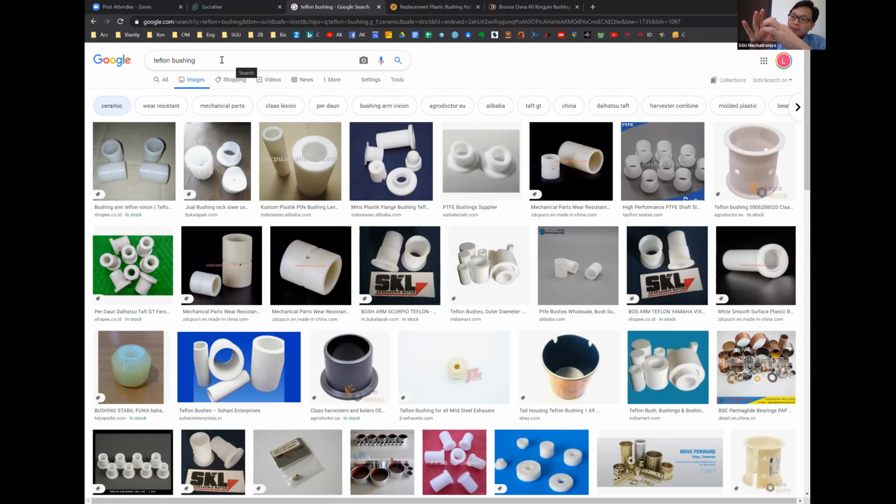Tapi ring dalam sama ring luarnya itu terbuat dari ceramic. So there are ceramic ball bearings, very strong, very accurate. Tapi kalau bushing kayaknya jarang ceramic. Ya, bushing kebanyakan Teflon karena this thing literally rubs. Okay, it rubs on the surface. That's why our calculation, okay.